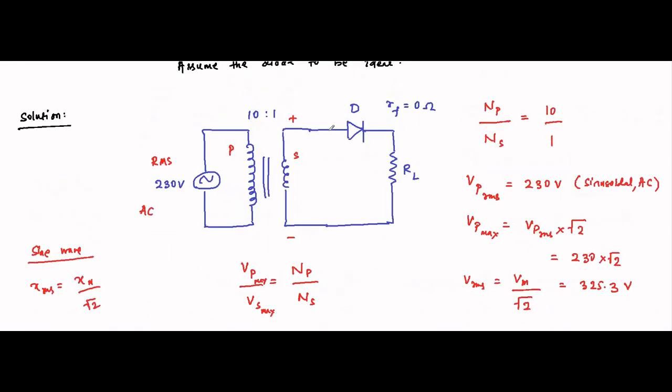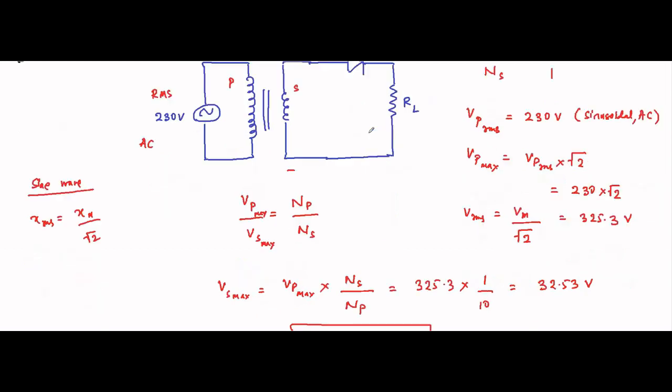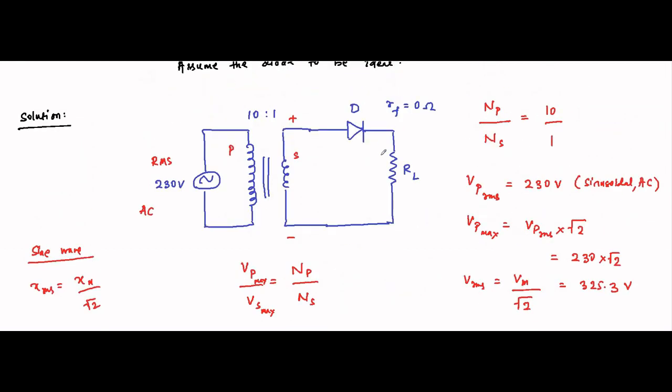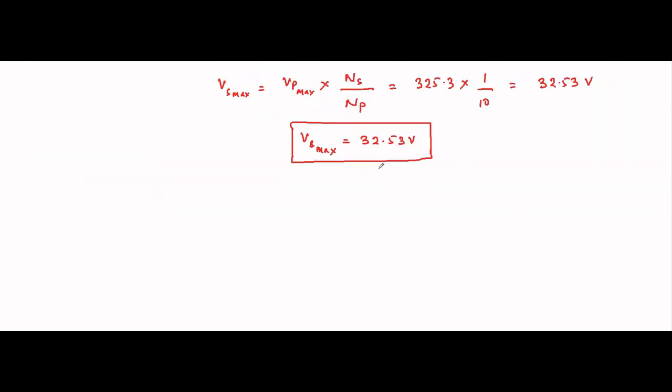Now here you see there is no forward resistance of the diode. The diode is also ideal. There is no cut-in voltage, no voltage drop. So the maximum value of the voltage which will appear at the output at RL will also be equal to 32.53 volt.